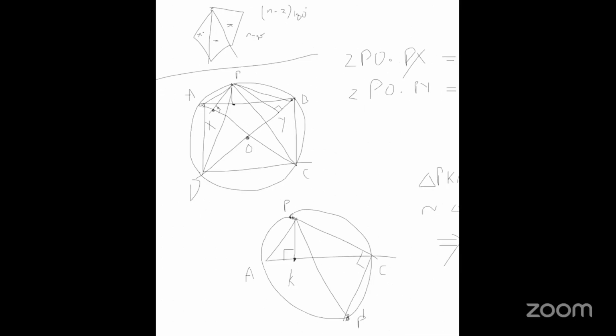Now let's call this 2PO, which is the diameter. Let's call the whole diameter x or something. Then PX is 56 over x, and PY is equal to 90 over x. So we have both of these.